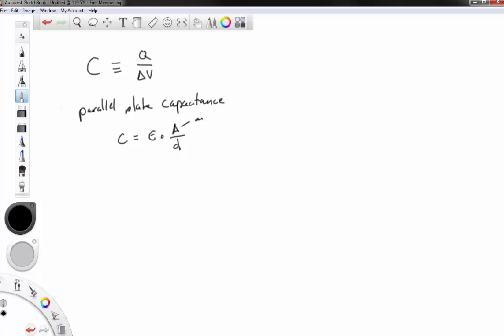So this is the area of one plate. This is the distance between plates. And we found from that you would need a very, very large pair of parallel plates indeed if you wanted to have a capacitance approaching 1 farad. So the unit of capacitance is the farad, and we also noted that epsilon naught has units of farads per meter as a result of this.